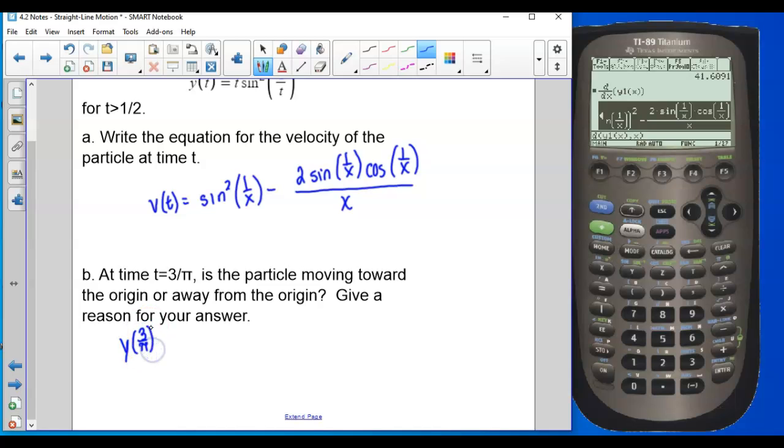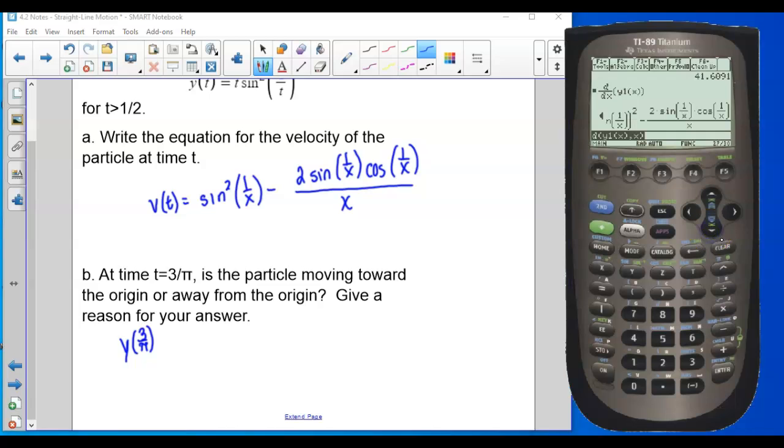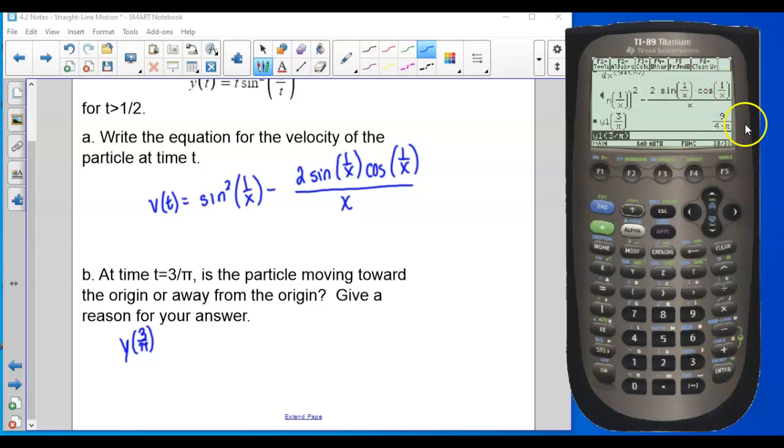And since I've got this in the calculator already, y is already in there. So I can just do y1 of 3 divided by pi. All right, okay, there we go. And it's going to give me an answer, probably an ugly answer. No, not too bad. 9 over 4 pi.